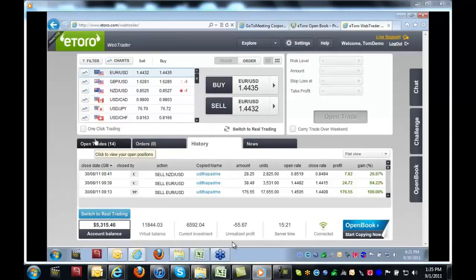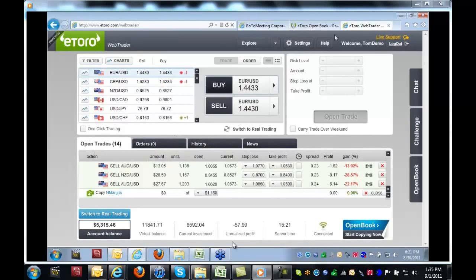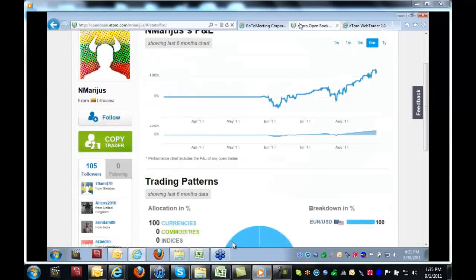Now, if you want to learn about candlestick charts, about fundamental analysis, how to interpret the financial news into your trading, you have an account manager for that who will really teach you the basics and advanced technical analysis and fundamental analysis.